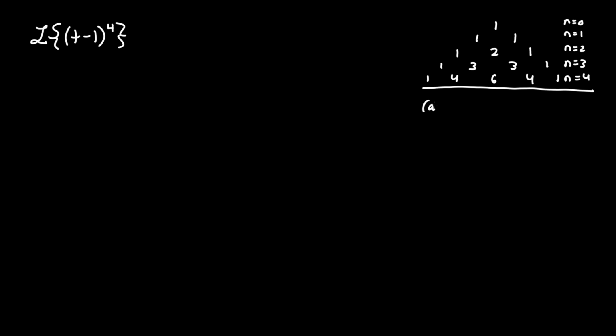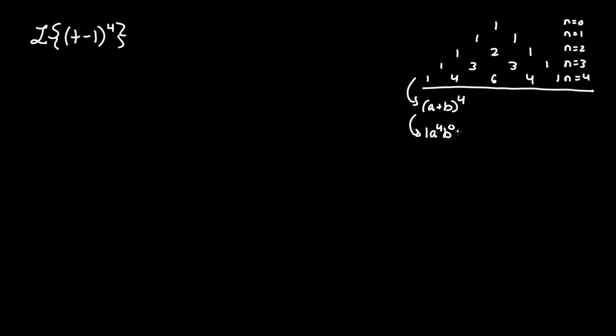So let's say we have (a plus b) to the 4th. Applying this rule here, we will get 1, a to the power of 4. We'll start off with the highest power for a and the lowest power for b. And as we progress through this row, we'll decrease the power of a and increase the power of b.